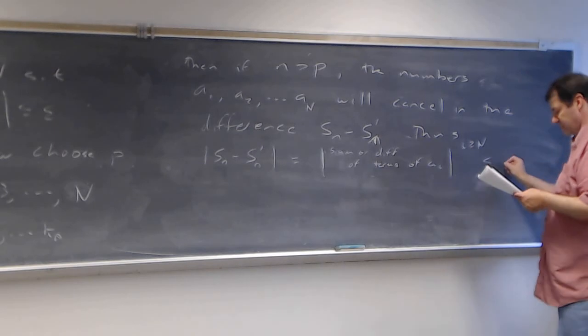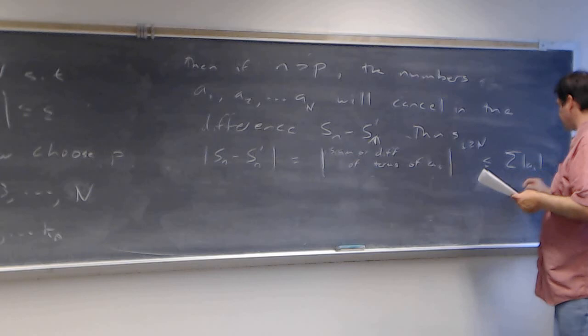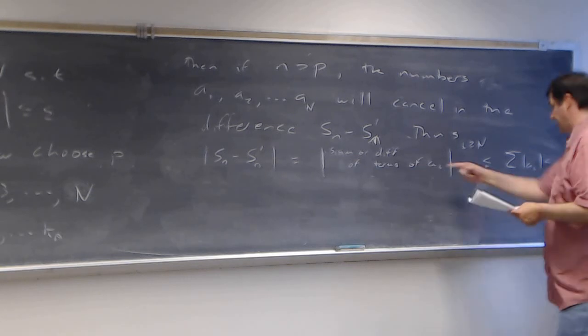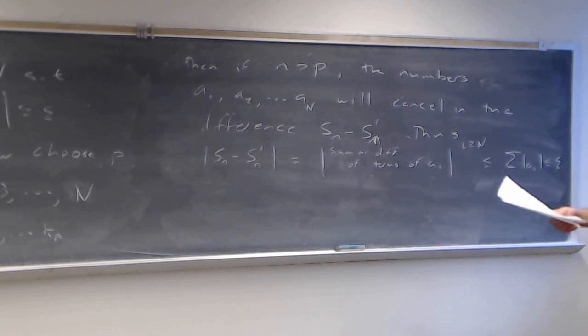And so that's less than or equal to the sum of the a sub i's in norms, which is less than or equal to epsilon.